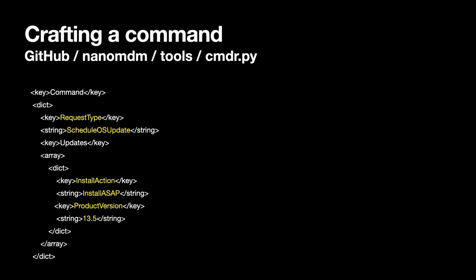And the more complex a command can get, the more keys and values you'll need to add. For scheduling an update command, you need to add the install action key in there as well. And there's a bunch of different types of install actions, and those might themselves have additional parameters that you can add to it as well. And there are other keys that are considered optional from Apple, and there are keys that are considered required.